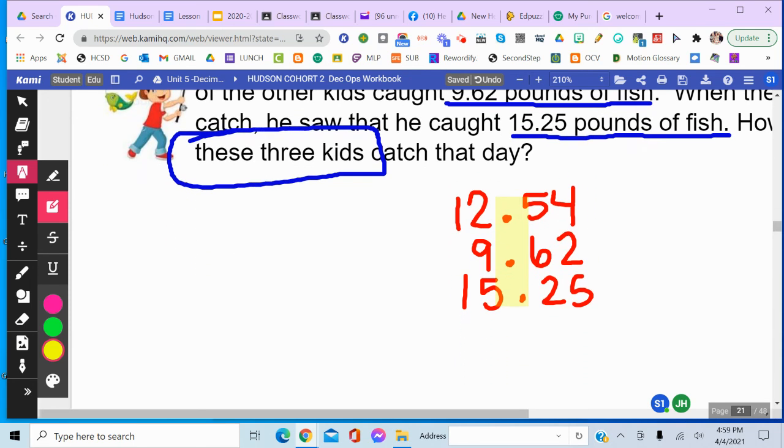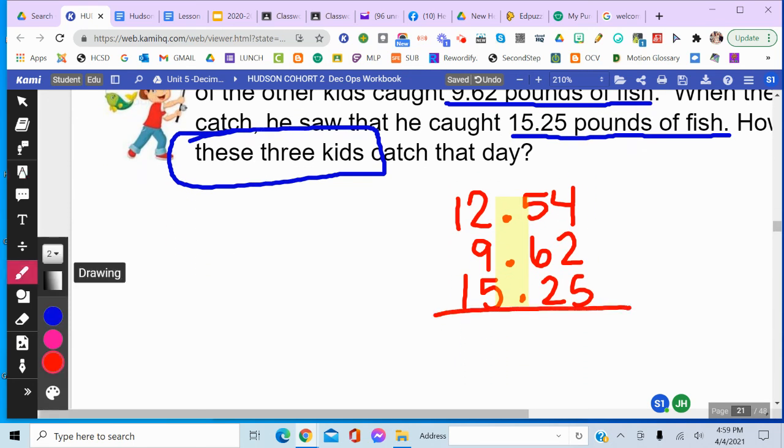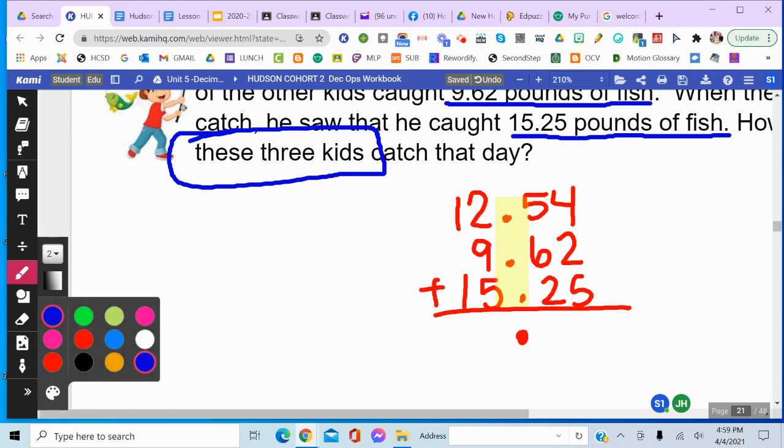Okay, then my next step is I'm going to draw my addition line here, and I'm going to drop that decimal point right down into my answer. So it's going to stay right where it is. To fill in here, I don't really have to fill in much. I just have a 0 to put here so that everything lines up. I got lucky for this one, and then I'm going to add.